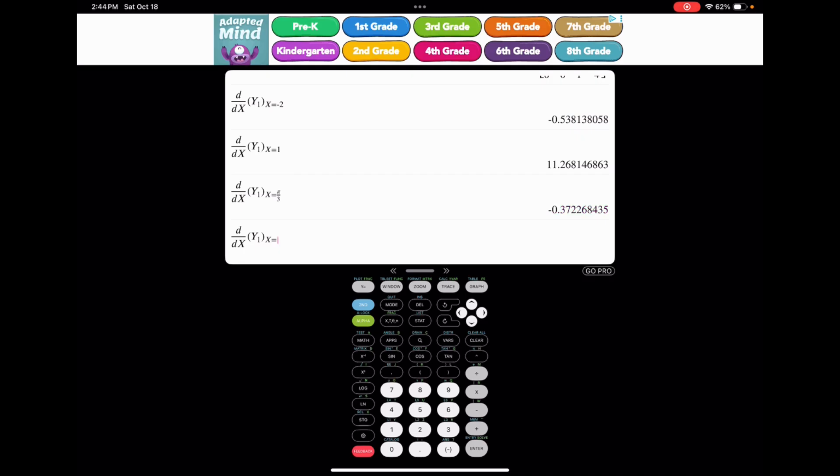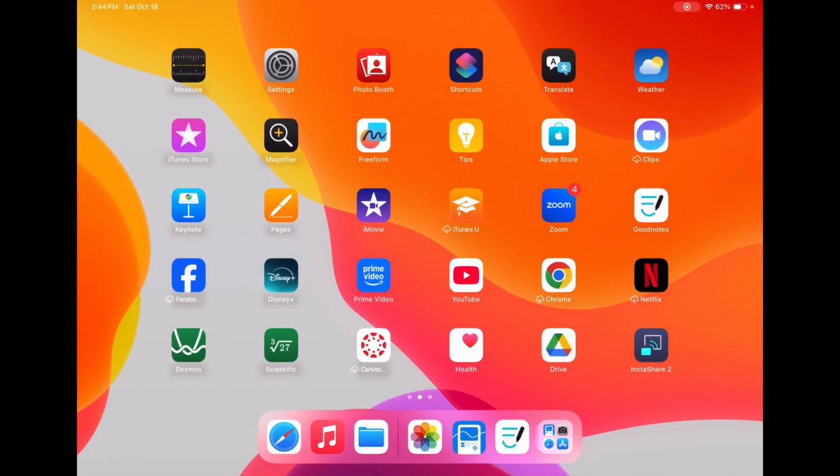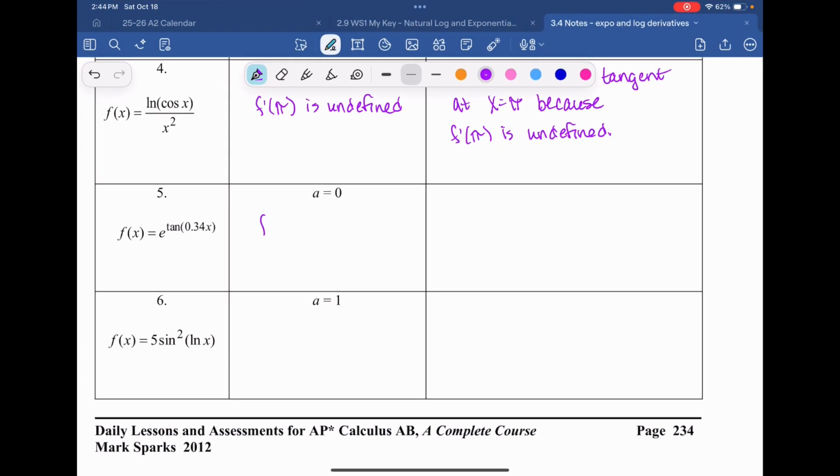There we go. What was it? 0.340. That's positive, so f of x must be increasing, because f prime of 0 is positive.